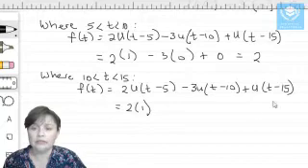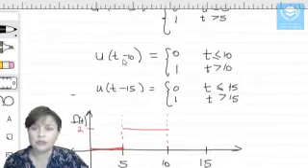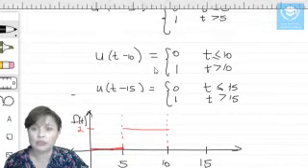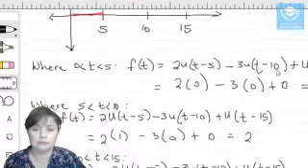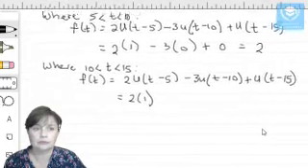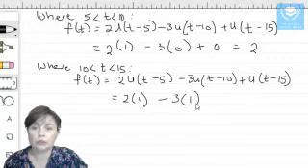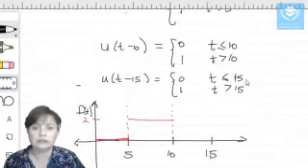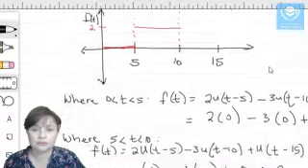If I look at u of t minus 10, you see we're working between 10 and 15, which means t is greater than 10, which means that u of t minus 10 has to be 1. U of t minus 15, t is still less than 15, which means that the Heaviside function has to equal 0.